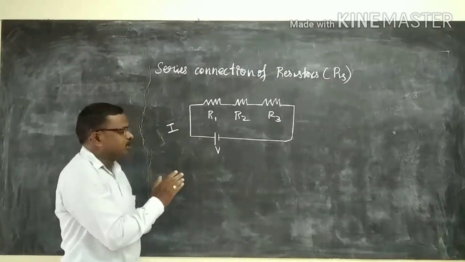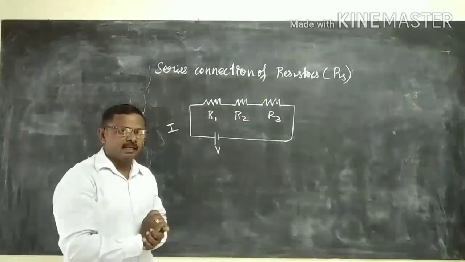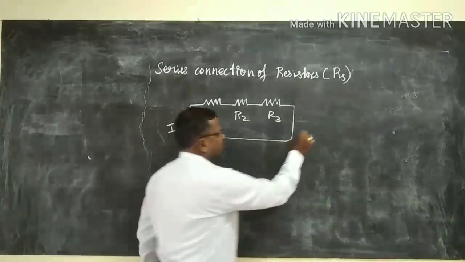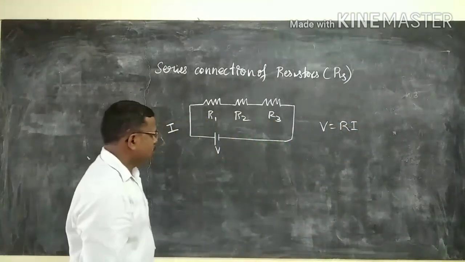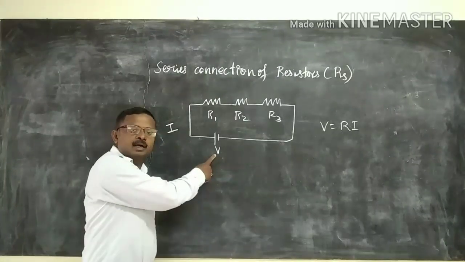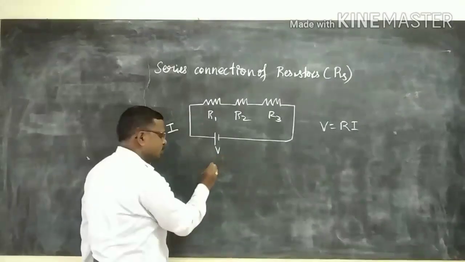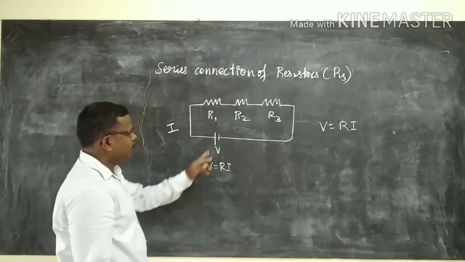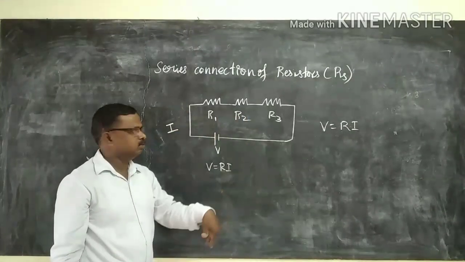The same magnitude of current passes through each resistor. Now I apply Ohm's law. According to Ohm's law, V is equal to RI. So now I supply V volts. The voltage across each resistor is dropped.